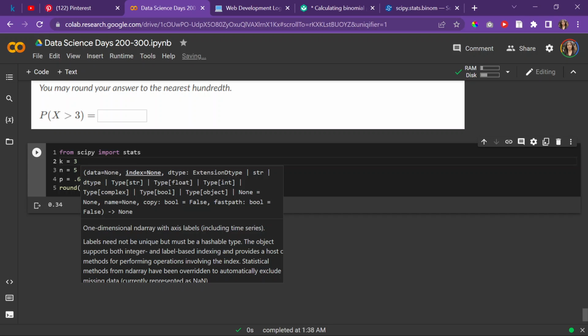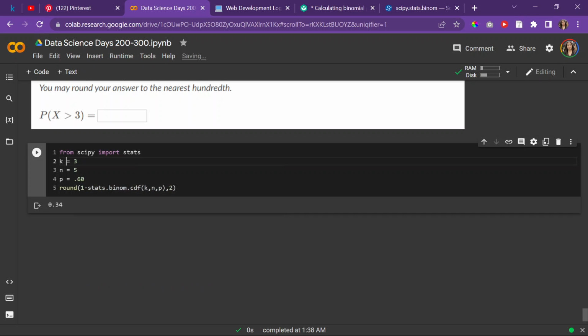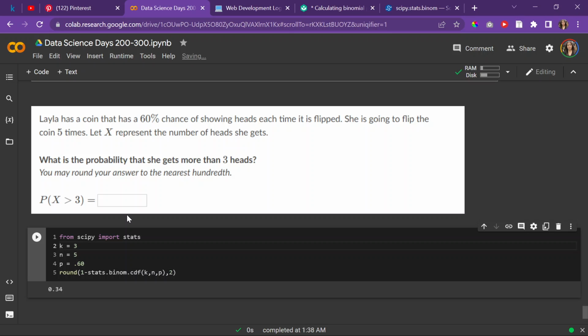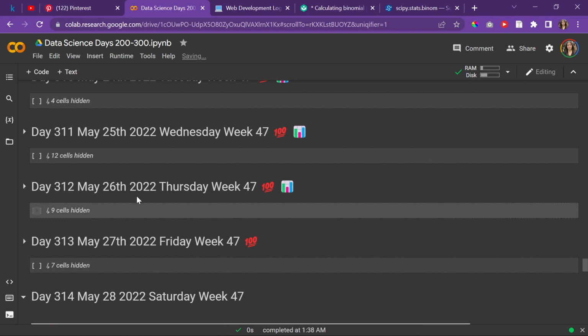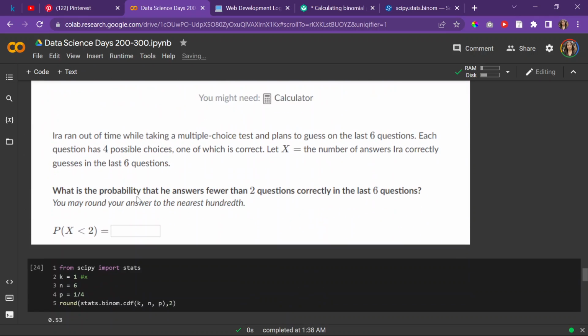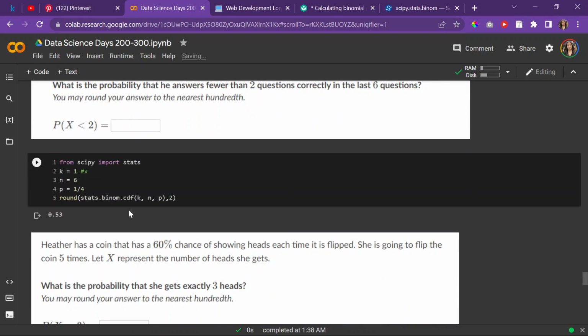So here I had to do k is equal to 3. But all the way up there, the first question was x is less than 2, and I had to put in 1. Because I needed not less than 2?